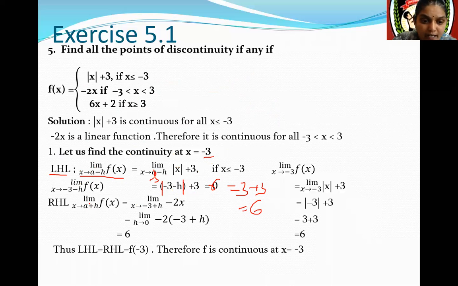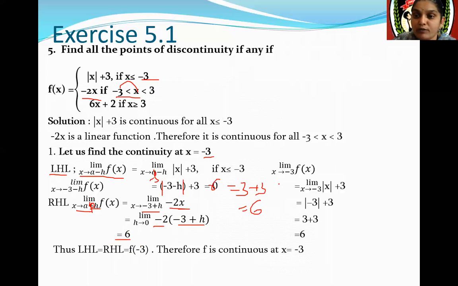Similarly for the right-hand limit, x tends to a plus h, that is minus 3 plus h. When x exceeds minus 3, that is, minus 3 is less than x, which means x is greater than minus 3, the function is minus 2x. Minus 2 as it is, and x is replaced by minus 3 plus h. Then minus 2 into minus 3, minus into minus becomes plus, so I have 6.